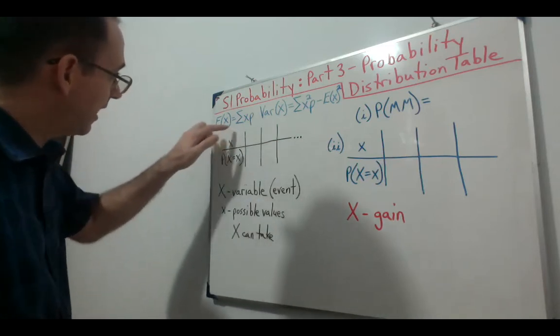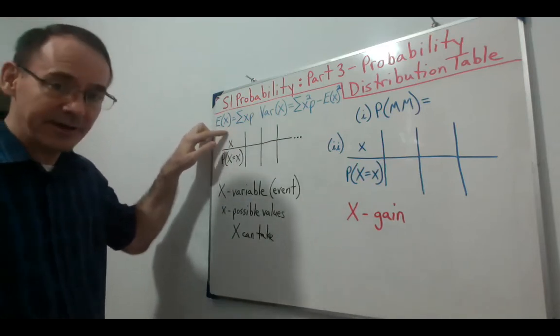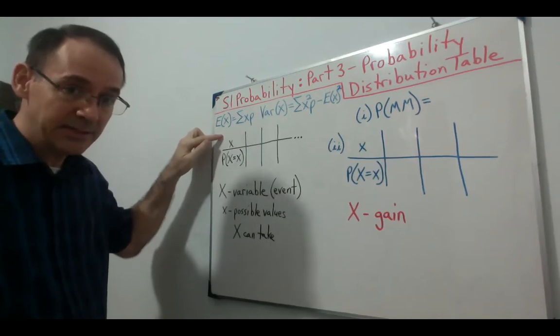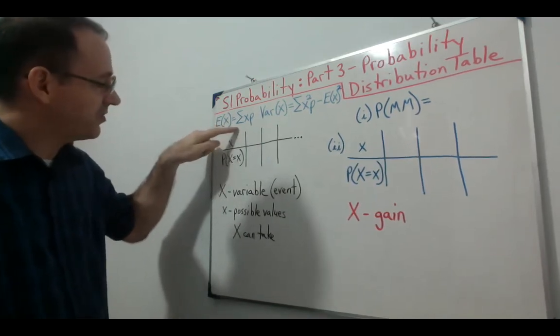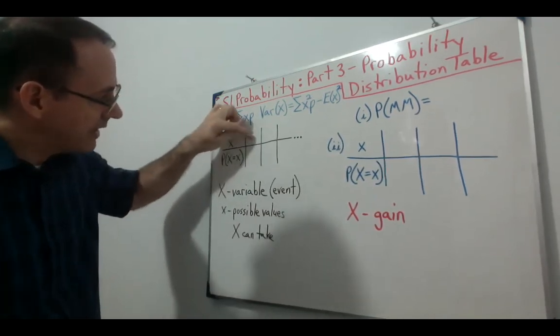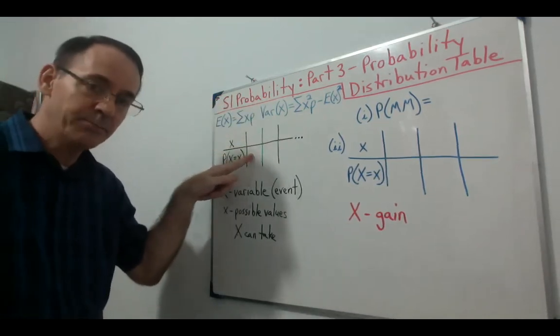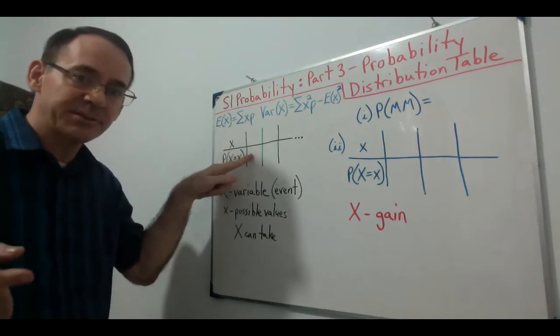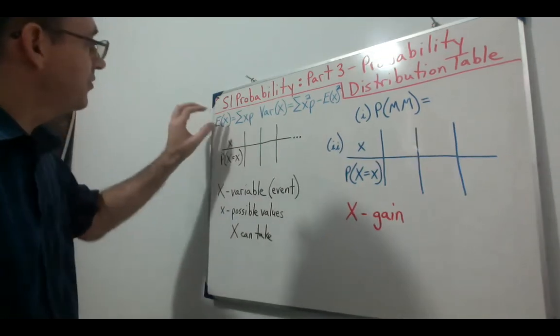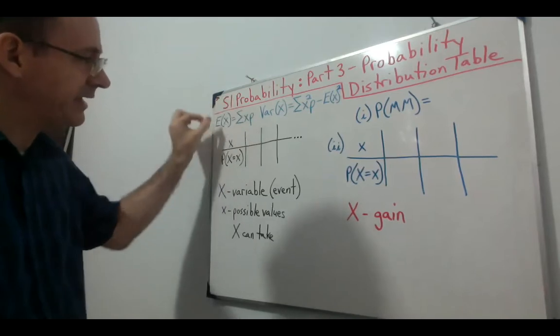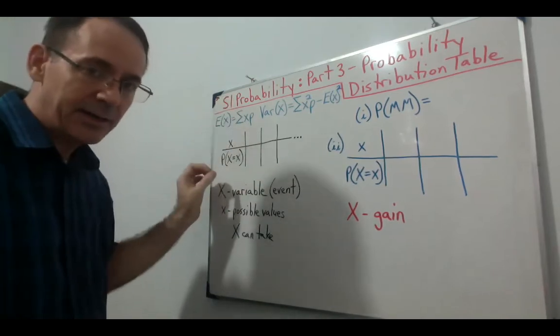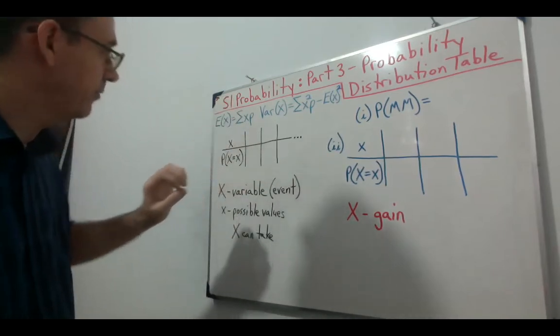So it's now called E of X, or expected mean, and it's the sum of your individual values times their probability. Again, probability is functioning similar to frequency. So that's how you're going to calculate mean from a probability distribution table.